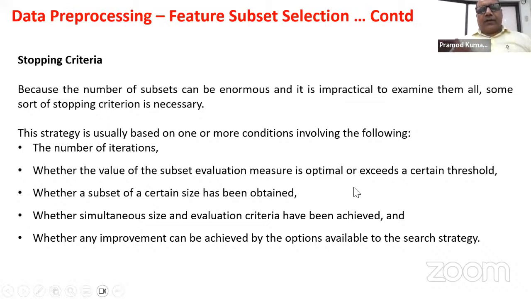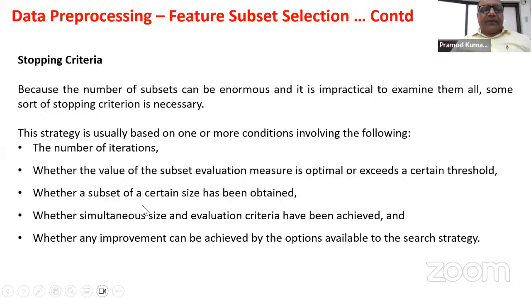I will go on computing, and as soon as I see that for this particular feature subset the accuracy of my algorithm goes beyond 95%, I will simply stop, this is the final subset for me. Maybe if I go for some other subset, I may find one that gives an accuracy of 98 or 99, but my threshold is 95. I am happy, so it's done. So the threshold may be one criteria.